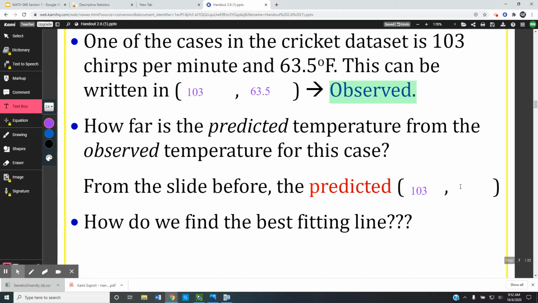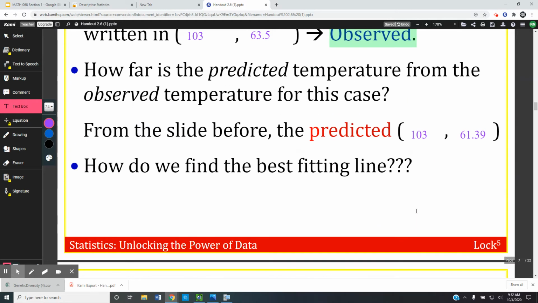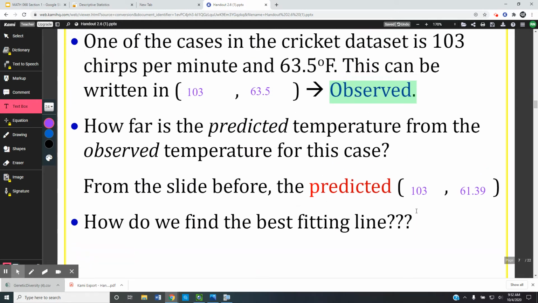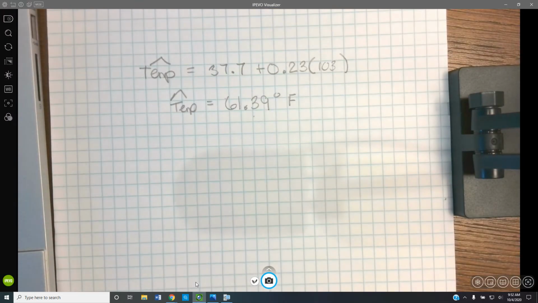Really what we're looking for here is how far off our prediction was from what actually happened in reality. So if we take that off to the side, let me get a little bit of wiggle room so we can do a little bit of math.